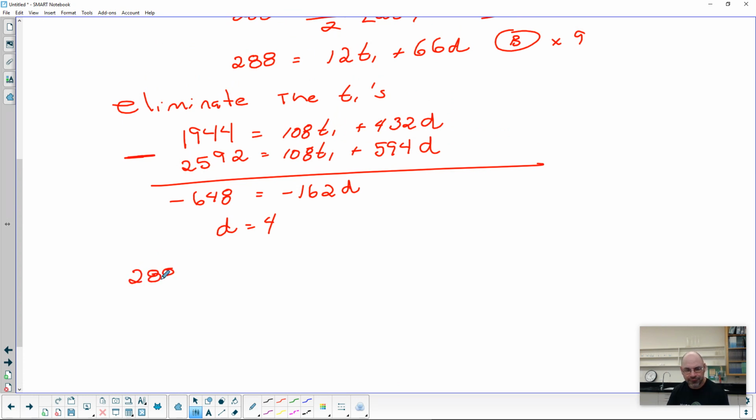288 equals 12 T1 plus 66 times 4. 288 equals 12 T1s, and 66 times 4, that is whatever that is, 144, I think.